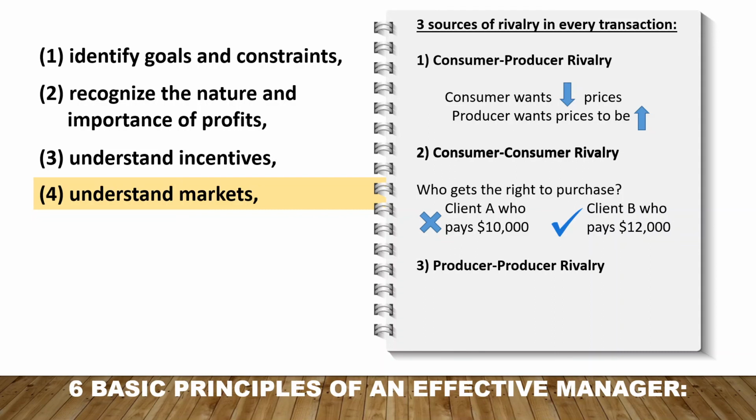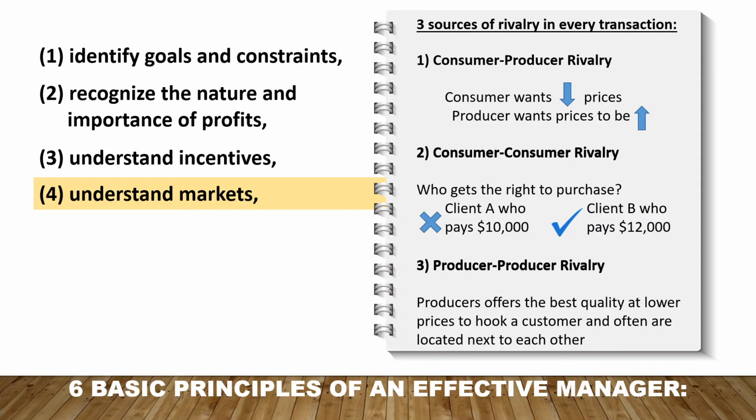If client B pays $12,000 while client A pays $10,000, client B, who pays the highest bid or offer, has the right to purchase the goods rather than client A. This usually occurs when consumers eye certain items during auctions.